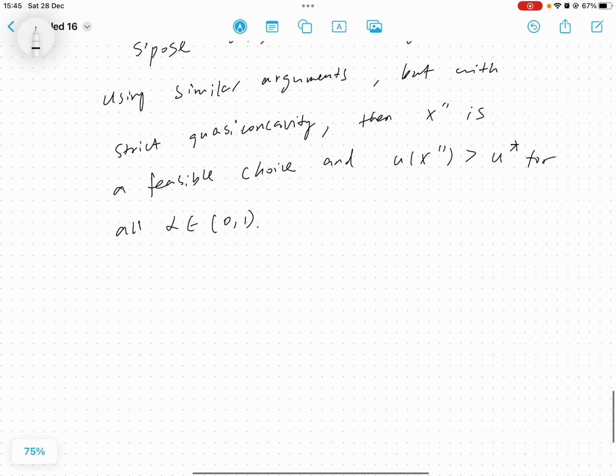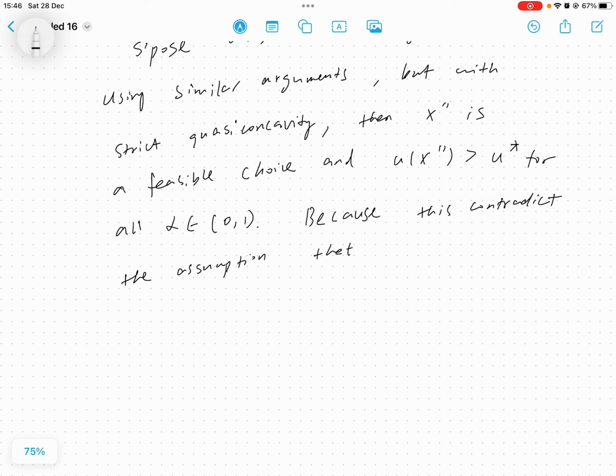And because this will contradict the assumption that x and x prime are both elements of the X set. So this is another proof by contradiction, right?